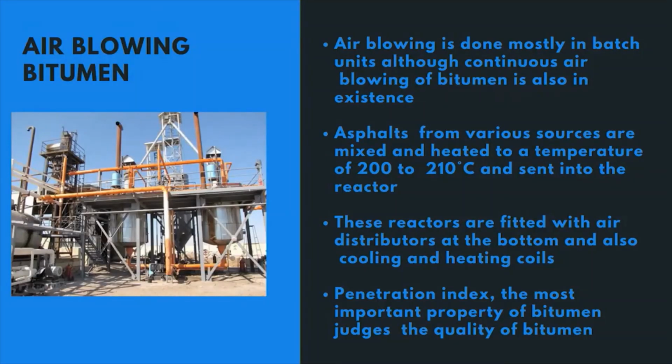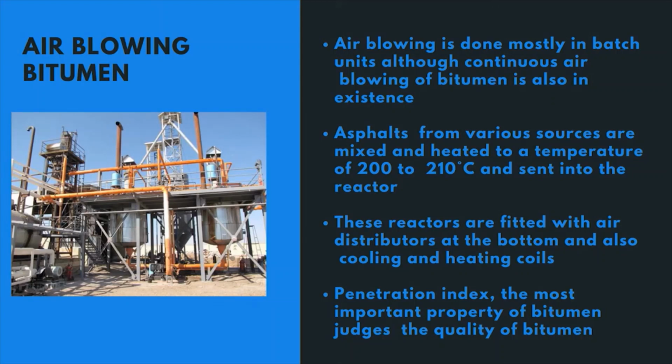It is primarily a vessel where air is bubbled through the mixture of asphalt, and these reactors are fitted with air distributors at the bottom and also cooling and heating coils. Normally the reactor will be at an elevated temperature, 200 to 210 degrees centigrade, and air will be blown through the asphaltic mixture. During this action the molecular changes happen, and finally we get heavy tar which can be taken to market.